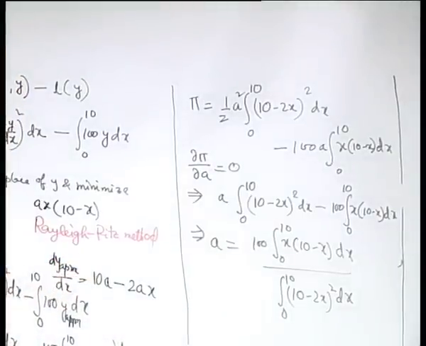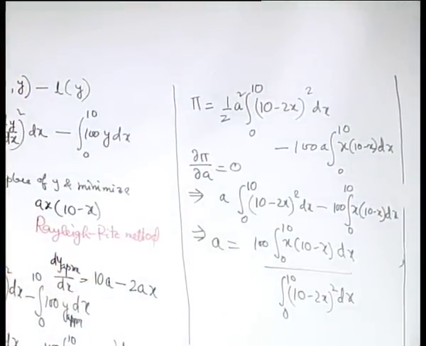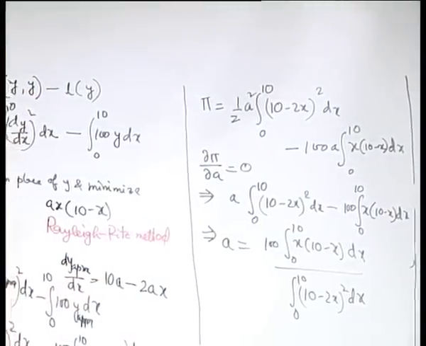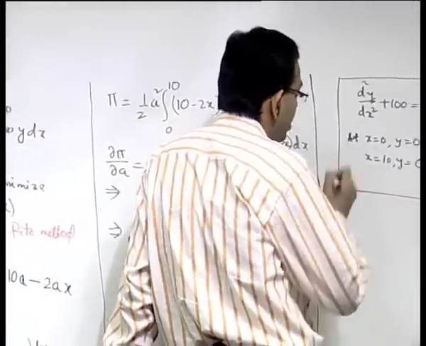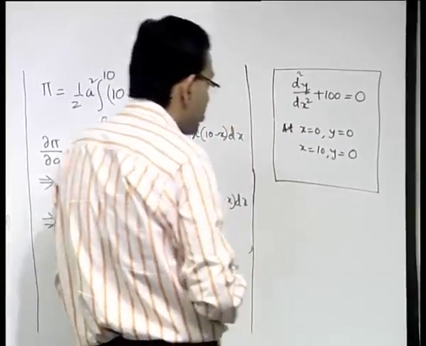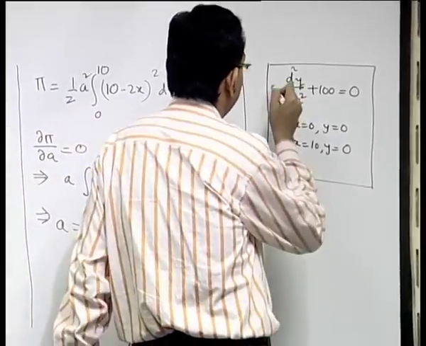The question is why we have got a equal to 50 for all cases. It is very easy to come to that conclusion. For that you just complete the analytical solution of this equation.